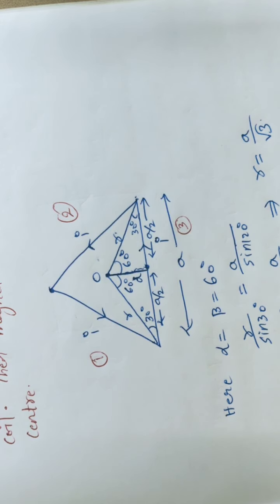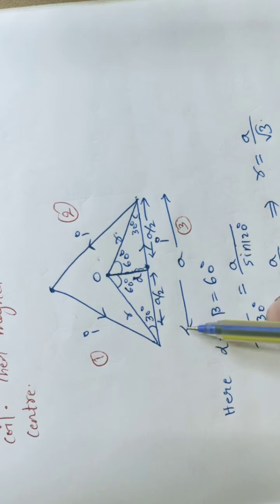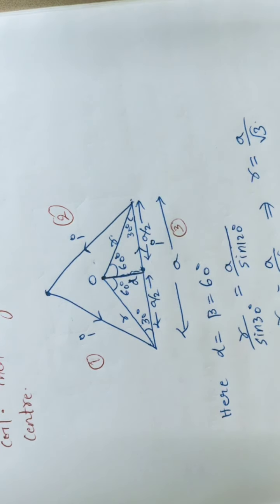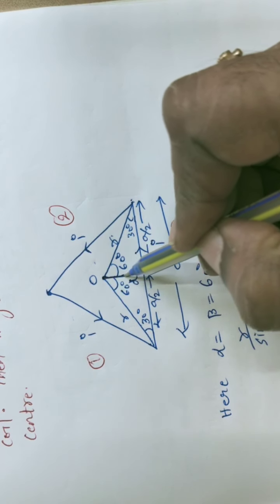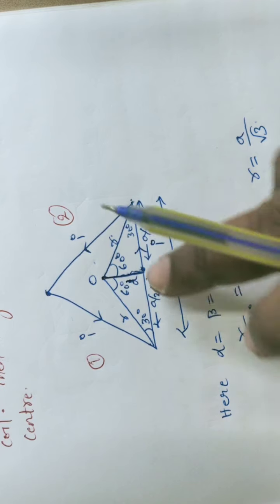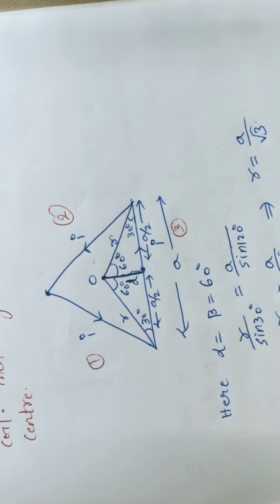See students, here I am taking each side of the equilateral triangle as A. This is actually the centroid, or center, of that equilateral triangle. From here to here, the perpendicular distance I represent as small d. First of all, I don't know the value of small d, but we may guess something here.